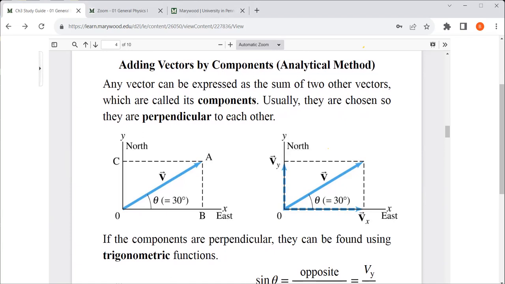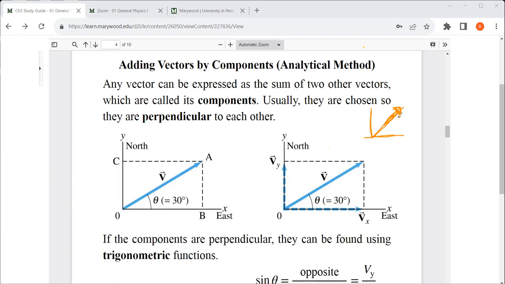If we have a vector in any random direction, we can resolve this vector into its x component. Normally it has two components, one along the x-axis and another along the y-axis. So this is the vector, which is the sum of its component vectors. What it means is that if we have a vector, we can break it, or resolve it, which here is the same thing, into its components.